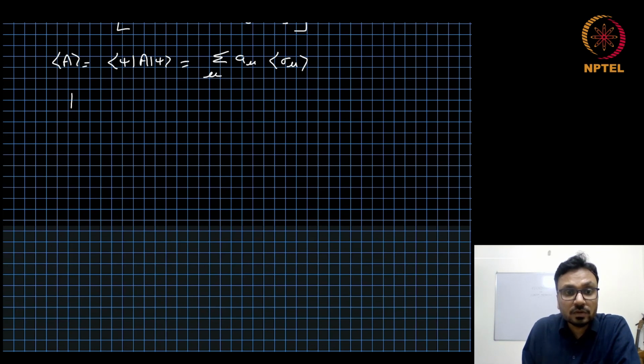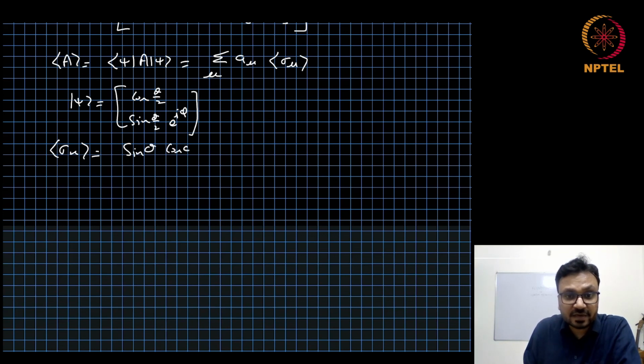psi A psi, which will become the sum over mu of A mu times the expectation of sigma mu. So if we are given psi to be cos of theta over 2, sine of theta over 2 times exponential of i phi, then we can calculate sigma x. It comes out to be sine theta cos phi. Sigma y expectation is sine theta sine phi, and sigma z expectation is cos theta.